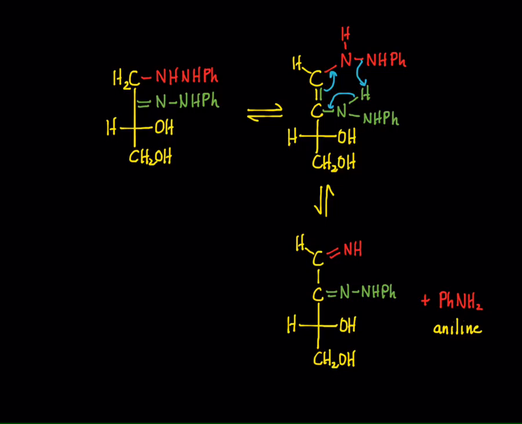So now I have what we call a diimine, and diimines with that carbon-nitrogen NH imine are actually relatively unstable. And if I have another equivalent of phenylhydrazine around, essentially I can substitute the phenylhydrazine imine for the NH imine.